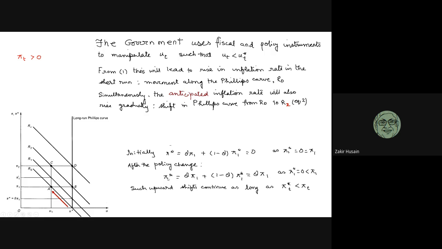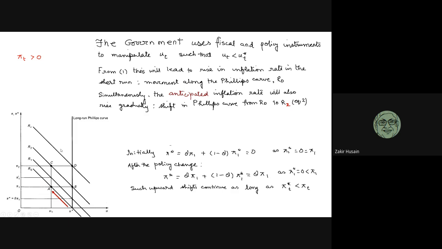So I revise my expectation to theta pi 1. So I start moving up like this. The actual rate of inflation is pi 1. I revise my expected inflation rate to theta pi 1. So the Phillips curve will go on shifting. It will shift gradually upwards.